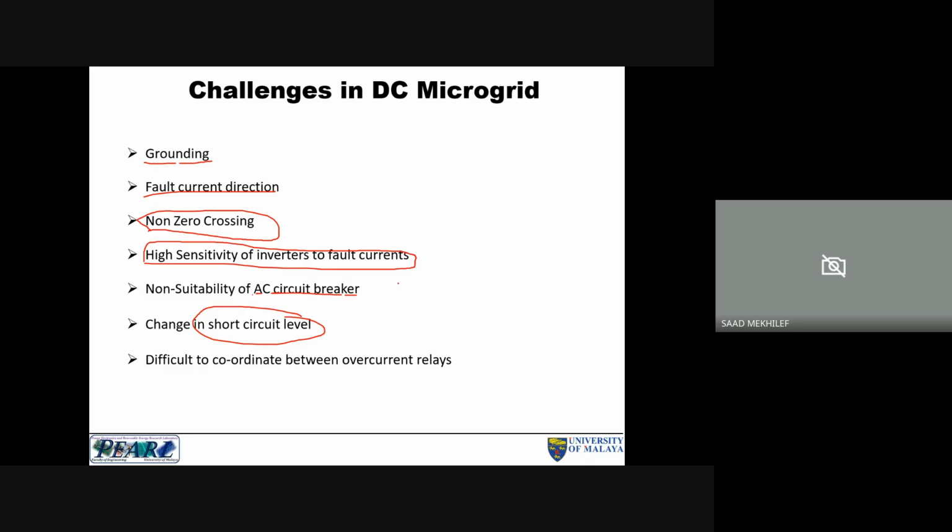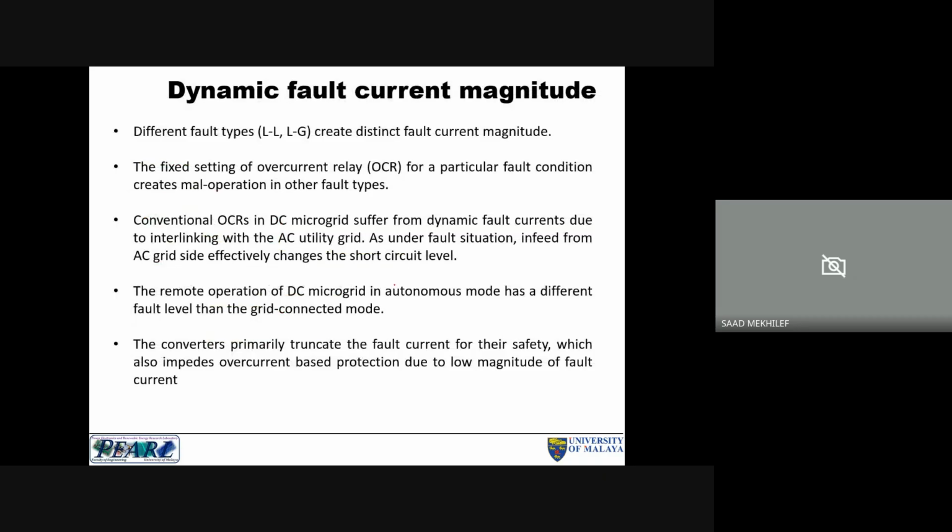Let's look into what I call the dynamic fault current magnitude. Like we said, it's an issue because sometimes it goes 5 times, sometimes 10 times, up to 50 times. And there are different fault types, either line to line or line to ground.